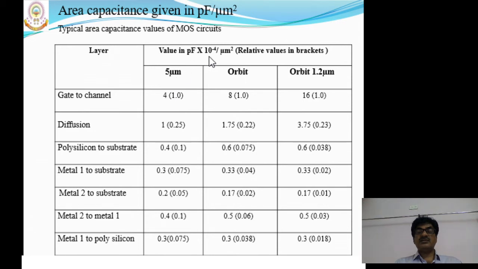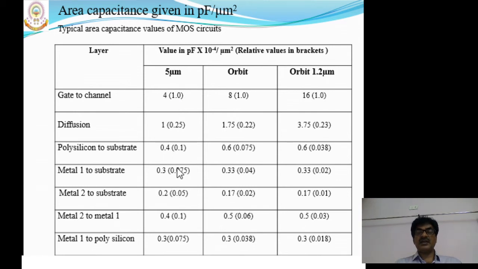The capacitances are again represented in terms of picofarads per square micrometer. In that case, for every value which is not in brackets, you need to multiply by 10 power minus 4. Whereas the value in brackets is known as the relative value.